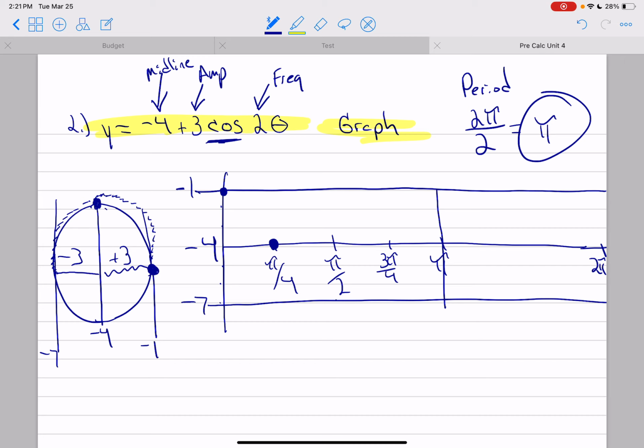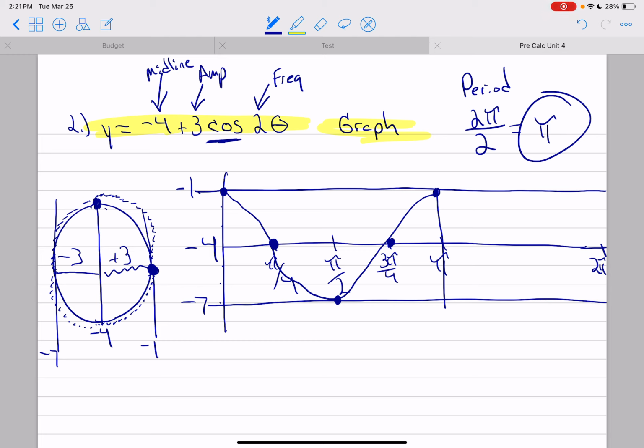I am at -7. Moving around, fourth stop right here. I'm back to -4. And moving around, fifth stop right here. I'm back to -1. So I'm doing this. Now I have a cosine wave.